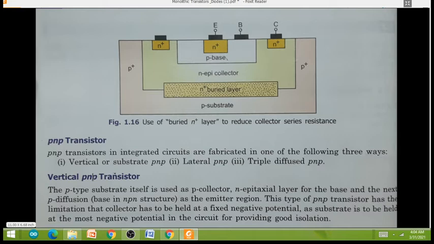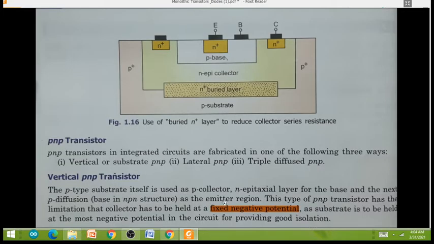It should be isolated from the chassis, otherwise it will be shorted, and because of the fixed negative potential it may create sometimes a problem in the circuit. Problem in the sense you should be conscious about using a PNP transistor while you are using the ground as a negative potential. So that is important, and most negative potential in the circuit provides good isolation. So you should be conscious about it.